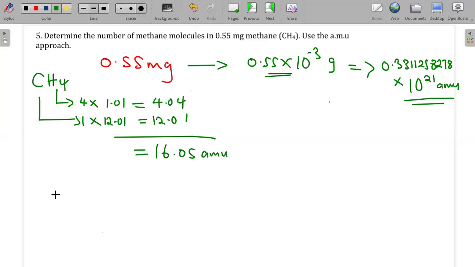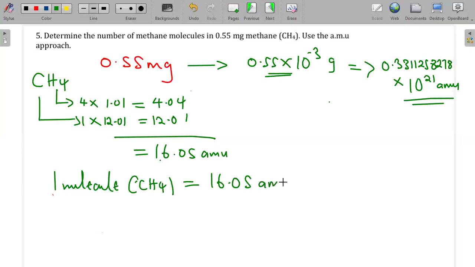So one molecule of the compound we're considering, CH4, is equal to the molar mass of that compound, and the units will be atomic mass units. So this is the relationship that I have.